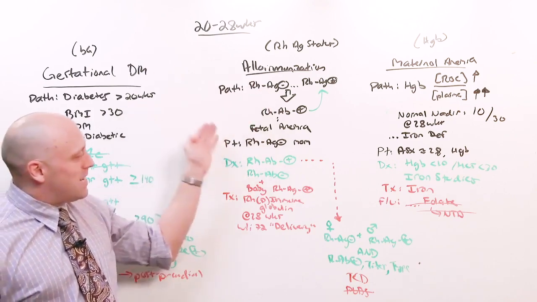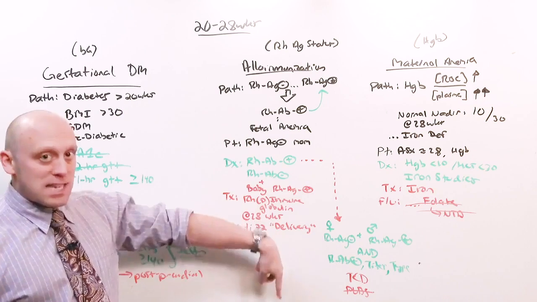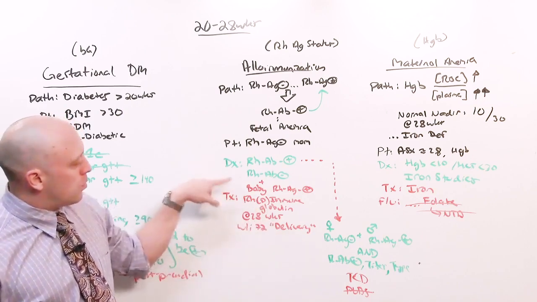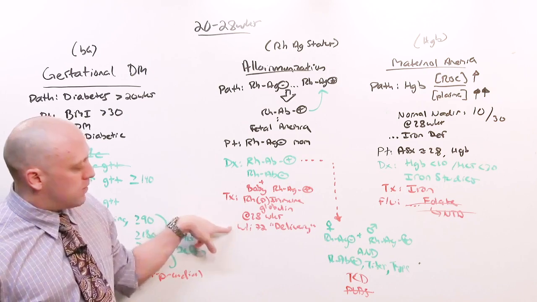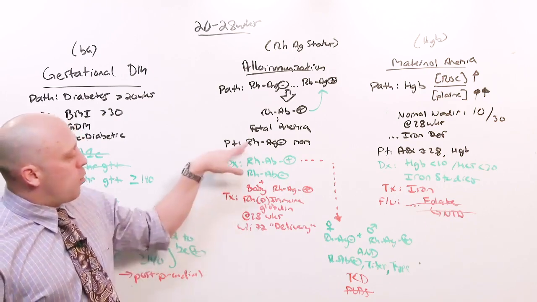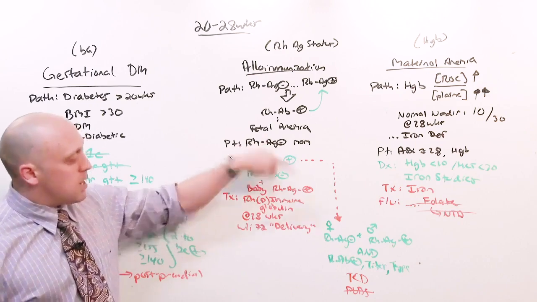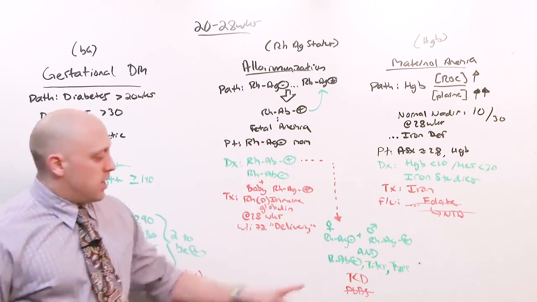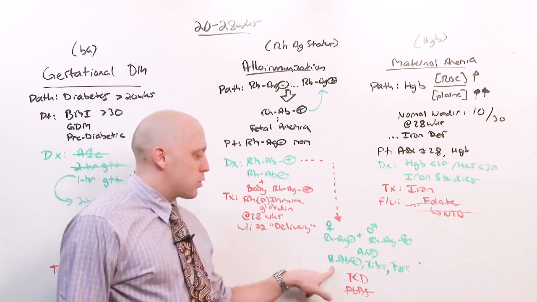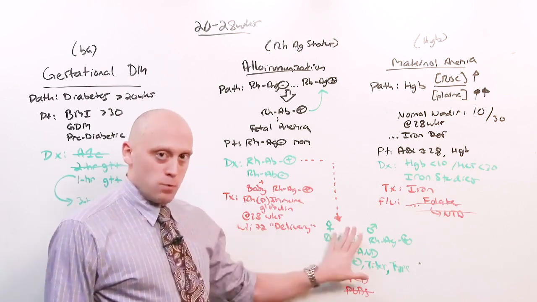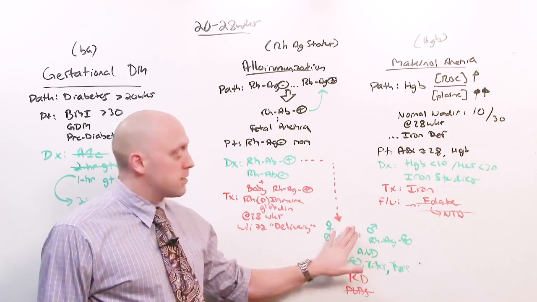If she's antibody negative and baby could be antigen positive, protect her with RhD immune globulin at 28 weeks and 72 hours of delivery. If mom already has developed antibodies and this baby could have the antigen, then you need to rule out and screen for fetal anemia. We'll talk more about that in that lesson.